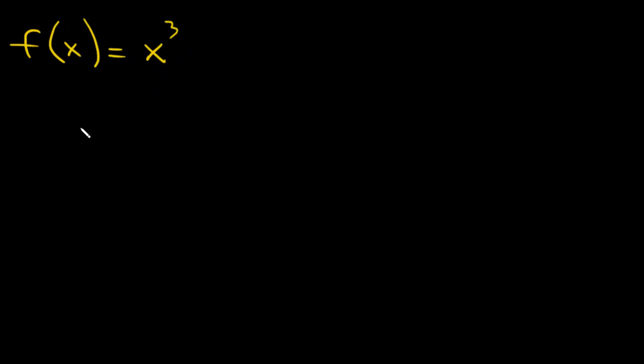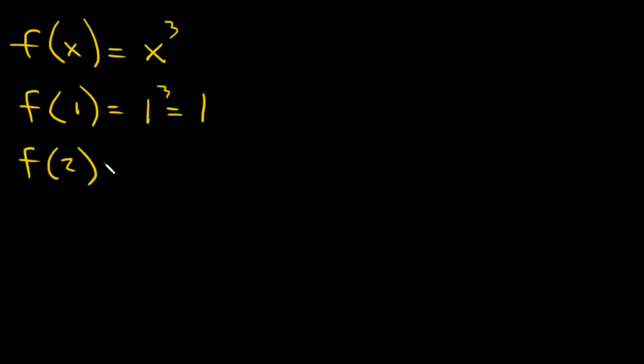Well, let's see if this holds like the even functions did. F of 1 would be 1 times 1 times 1, 1 cubed, which is 1. F of 2, I only do 2 because I know you don't want to do too many of these, 2 cubed, which is 2 times 2 times 2, which gives me 8. Now, what if I put a negative 1 in?